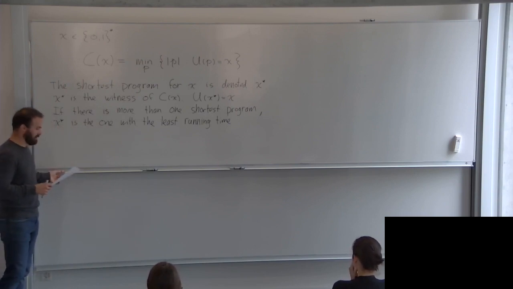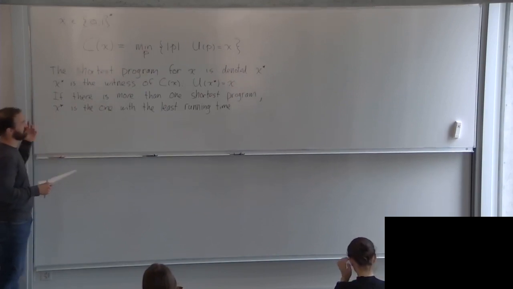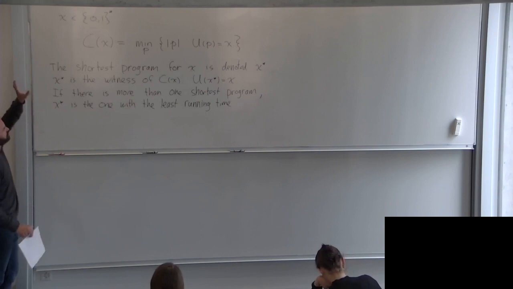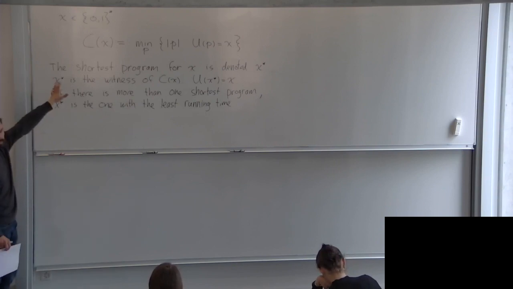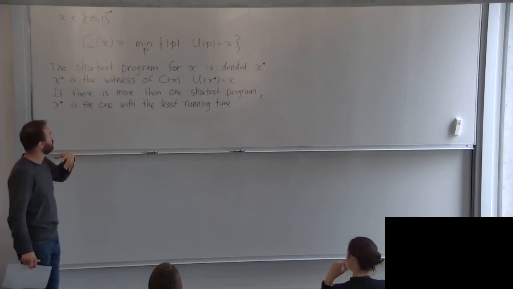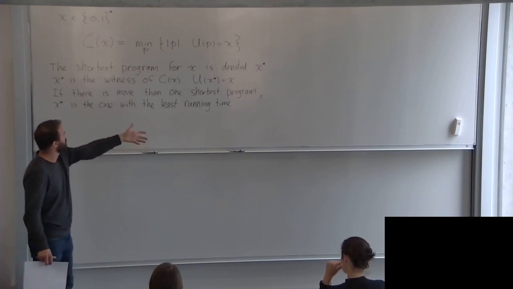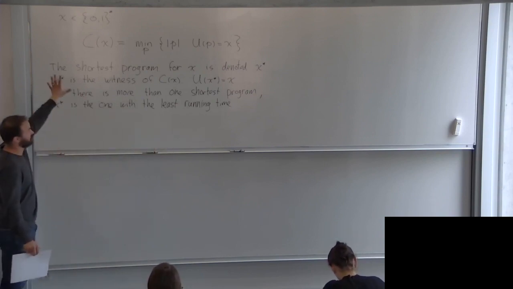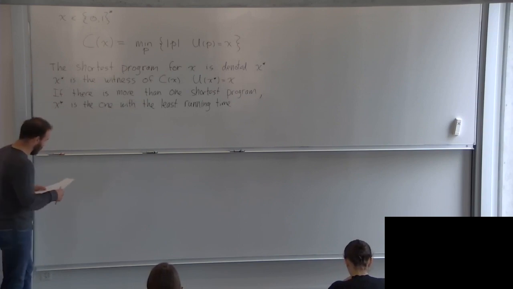Let me start with a first proposition, maybe the first kind of computation that we can do with that, and it's just to make sure we have an upper bound for C of x. You can view C of x as a function. It maps every string x, which we can understand as natural numbers if we want, into some other natural number. It's the length of a program. Now we have an upper bound for that function. What is it?